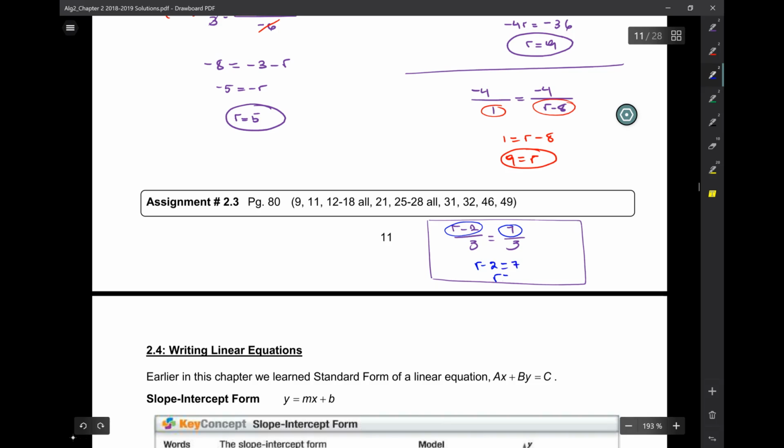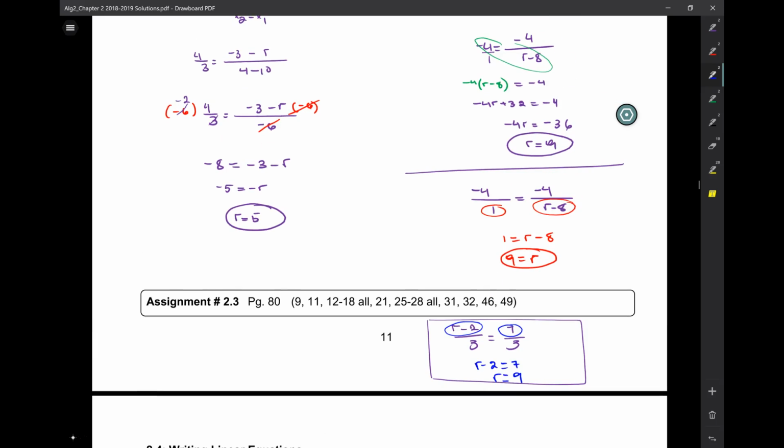And how much is r? 9 again. They're not always going to be 9. Okay? So that's just like a cute little trick. It saves you so much time. There are fewer steps, so less chance for making a careless error. Okay? Let me pause here for a second.